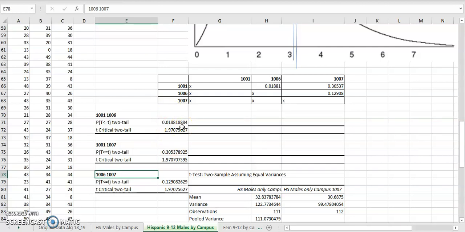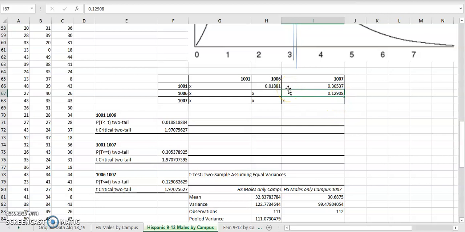And on the t-test, I'm looking for a p-value that's most significantly less than my t-critical value. I can see up here in my matrix, I have 0.01881, 0.30537, and 0.12908.